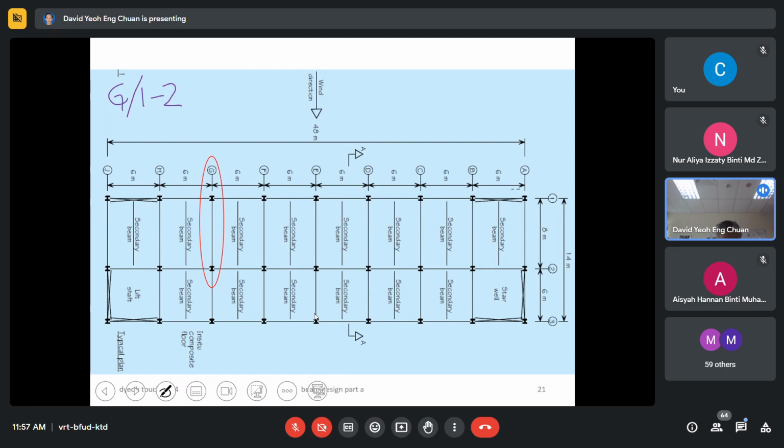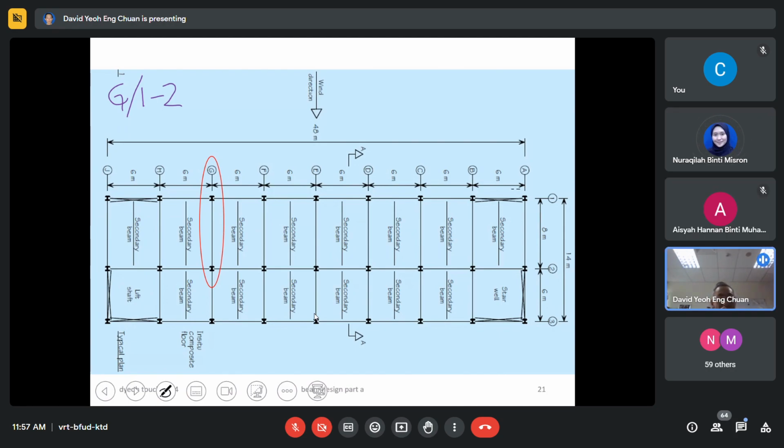Who was it, Nur Akila binti Misron. Yes, doctor. What is the tributary width? 6 meter. 6 meter. Okay, very good.